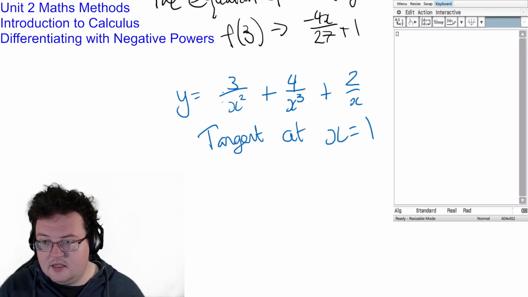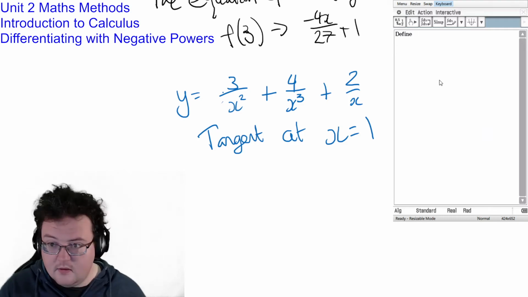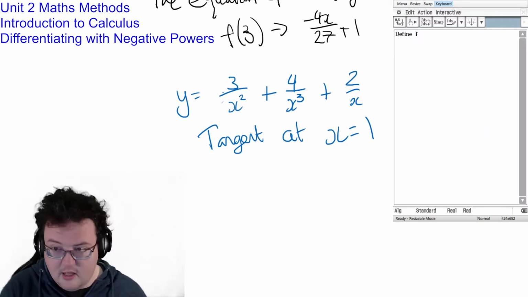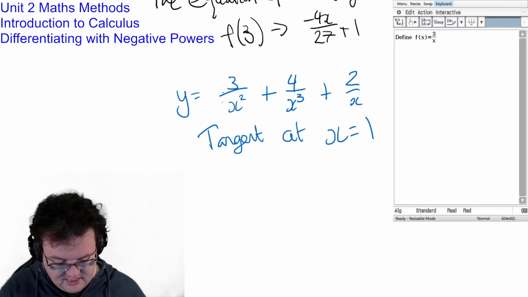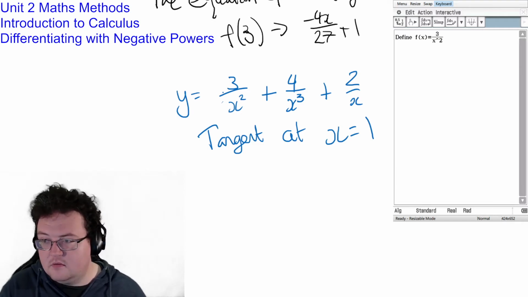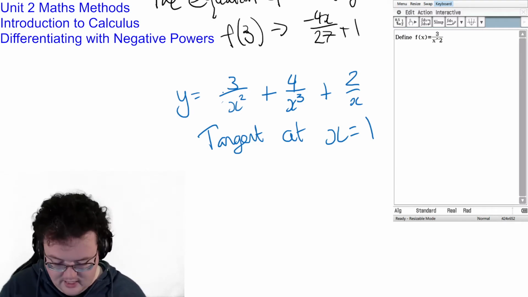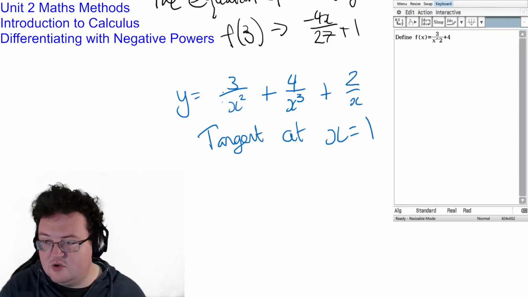Define is found under Math 3. And then define f of x. You can enter this in with as much of the formatting as you like. It will be able to handle it.